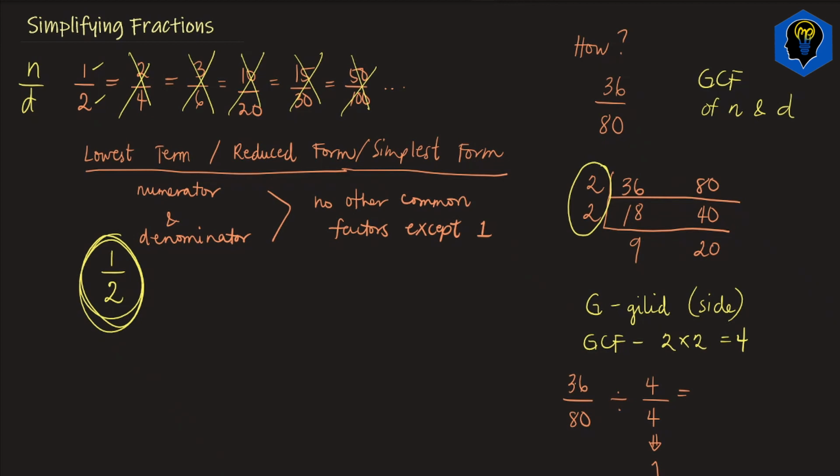So, you divide 36 divided by 4, that is 9. 80 divided by 4, that is 20. So, 36 over 80, if you reduce to the lowest term, the answer is 9 over 20.